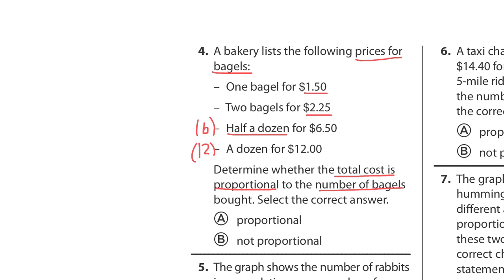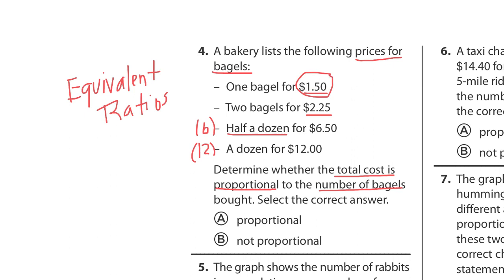So remember, proportional relationships have to have equivalent ratios. How do we know that? Well, we're going to put every dollar amount that we see, like $1.50, over the number of bagels.